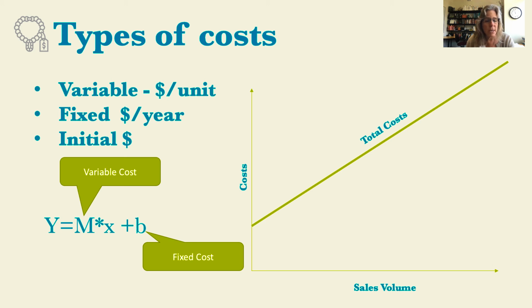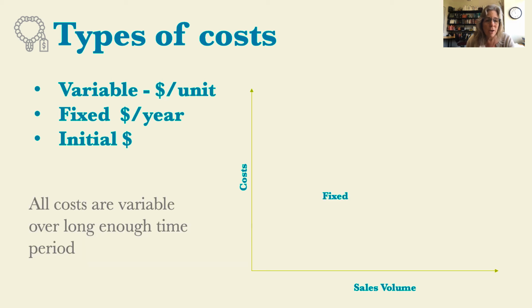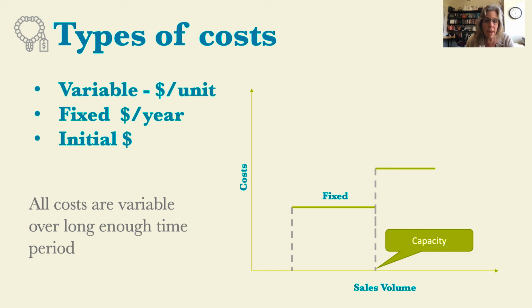Also, it's interesting that when we're talking about these variable and fixed costs, it's actually true that all costs are variable over a long enough time period or a long enough sales volume period. Let's look at this example of a fixed cost. We have this fixed cost up to a certain sales volume, and then we might hit capacity and need to increase this cost. Maybe we need another facility, so we have to increase our rent.